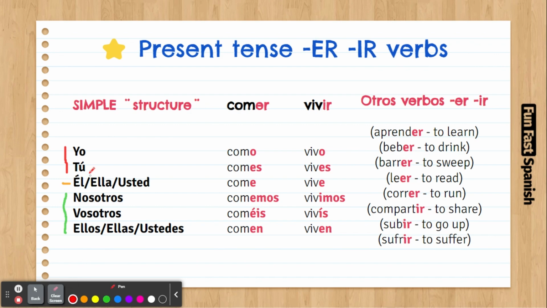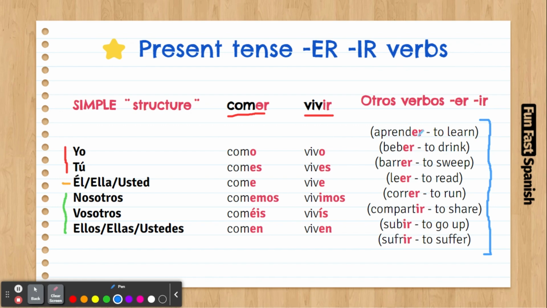So let's do it. Let's do the verbs comer and vivir. These are ER and IR verbs. I'm going to leave here a list of verbs you can use for now. They are ER and IR.